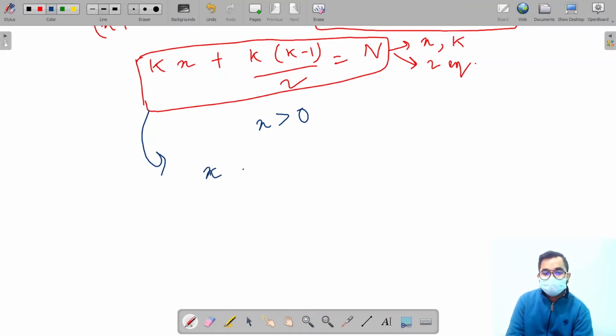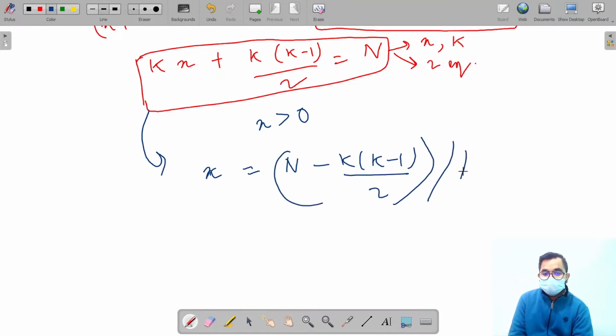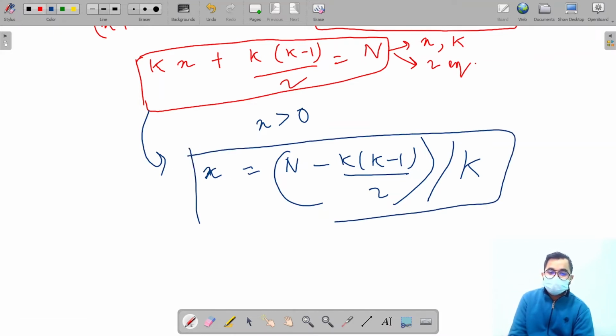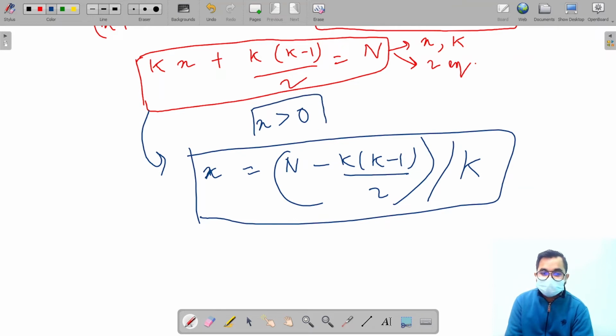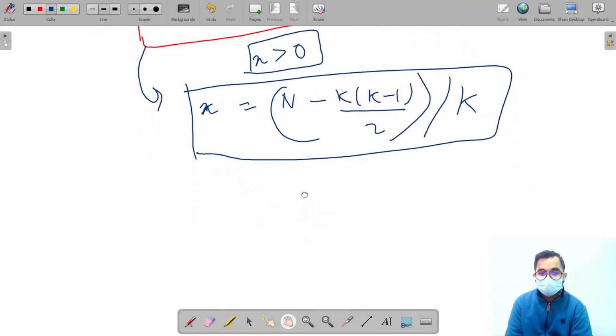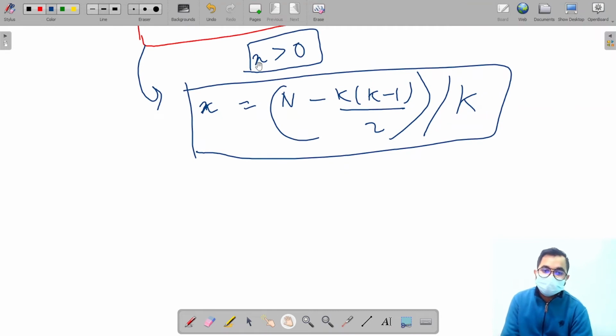So if we do this, then we will get x equals n minus k times (k minus 1) divided by 2, and the whole divided by k. Now this is the same equation as here, and we know that x is always going to be greater than 0. Now we are just going to replace x here.